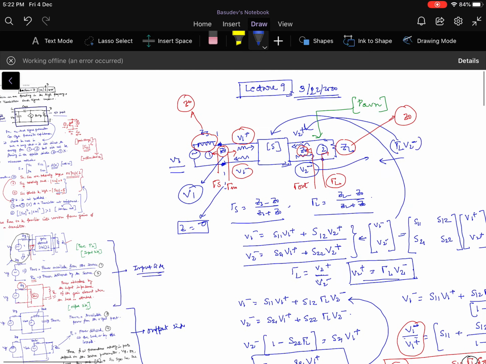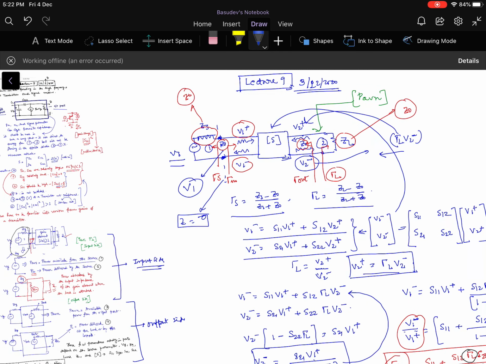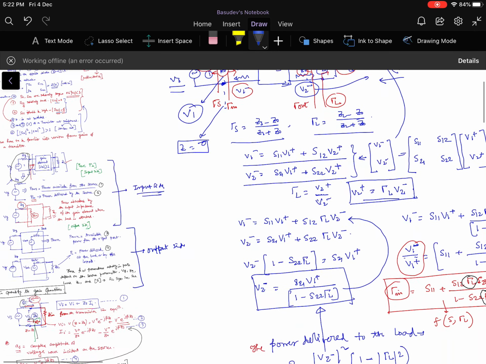If you see my microwave network, the Z0 here and the Z0 there are matched to ZL, and since the other side is terminated with Z0, they are also matched.